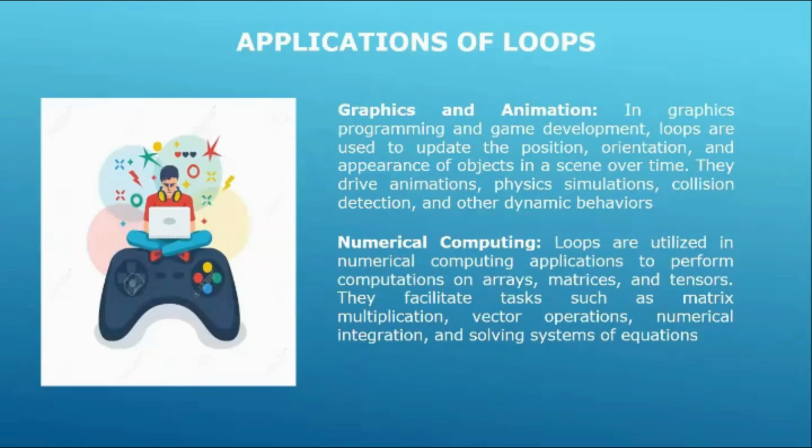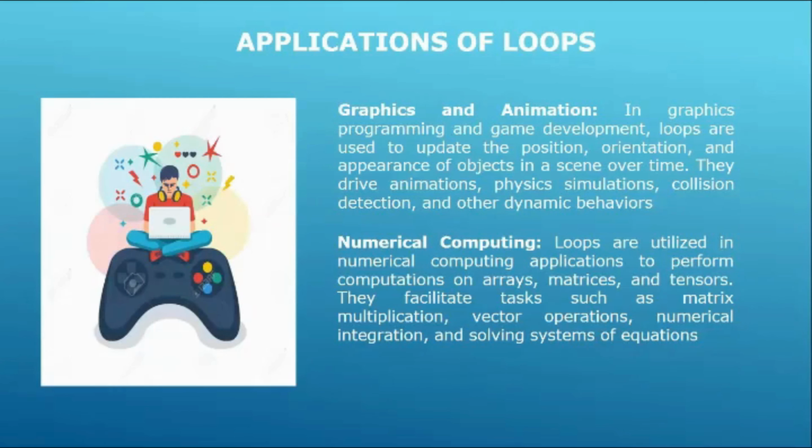Another application coming into picture is graphics and animation. In graphics programming and game development, loops are used to update the position, orientation, and appearance of objects in a scene over time.